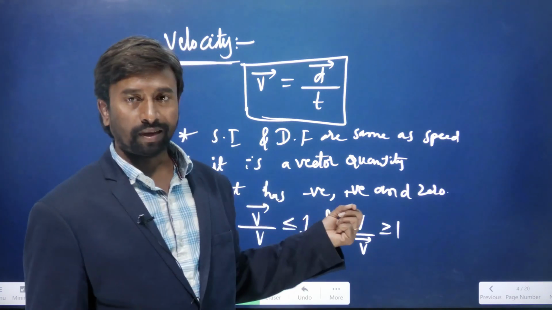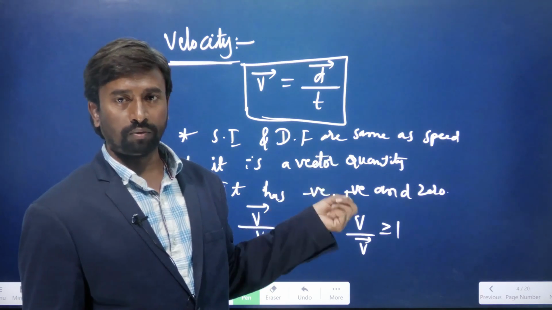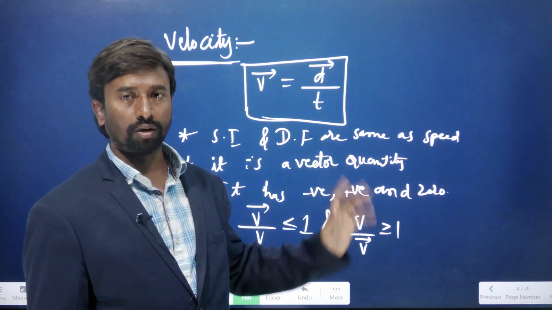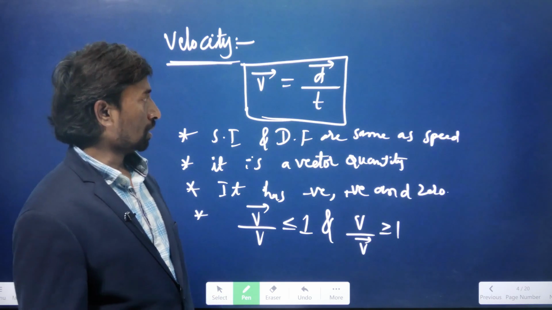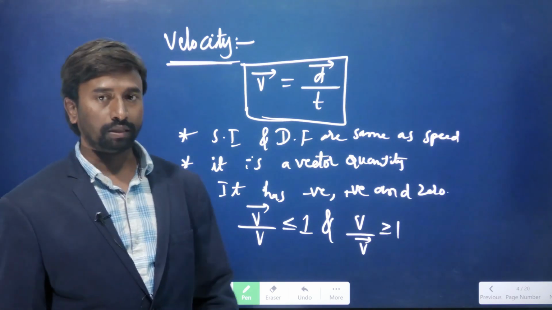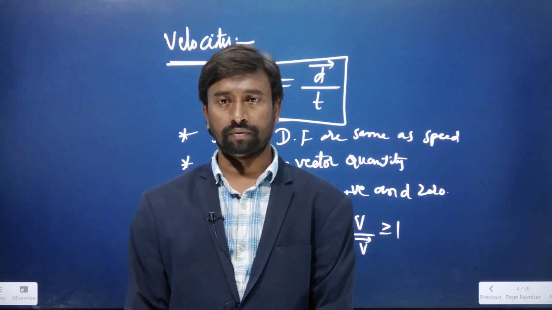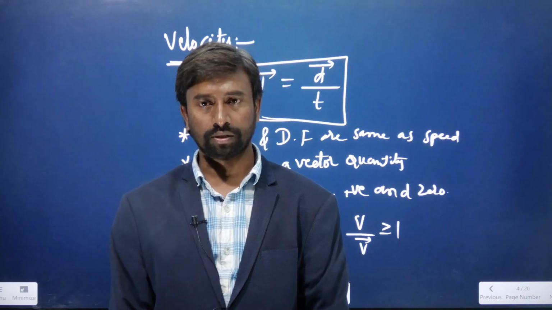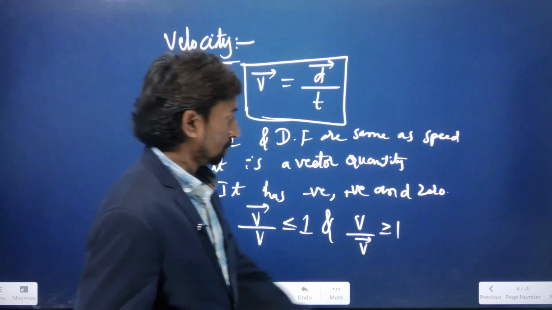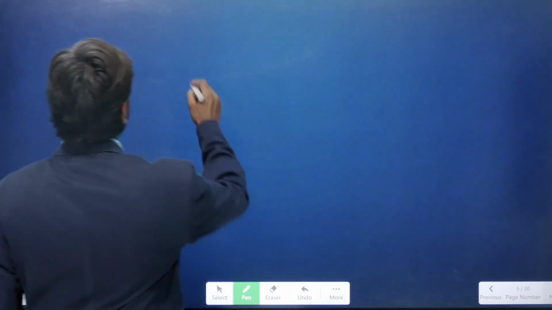Whenever the body has started its motion, the speed with which it started is called the initial velocity. So now the change in velocity is nothing but the difference of final velocity and the initial velocity.